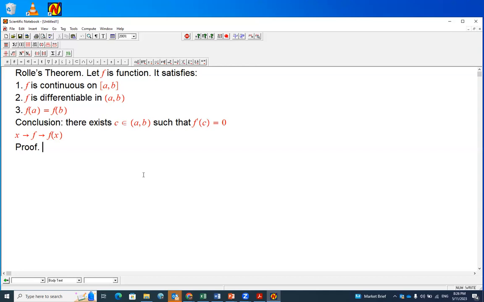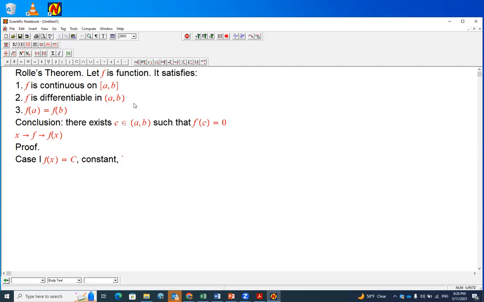The first case is that f(x) is a constant on the interval. f(x) is a constant, capital C. C is the first letter of constant.